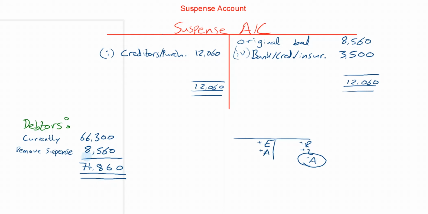We made a credit entry of 8,560, so that would have led us to 66,300. Now to get rid of that, we have to make a debit entry, which will increase debtors to 74,860. So tricky, but once you get the hang of that, it's actually not that difficult.